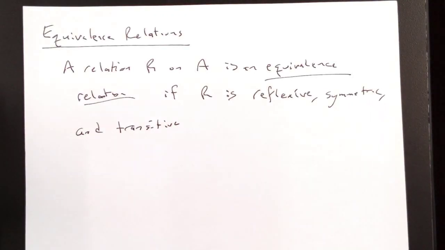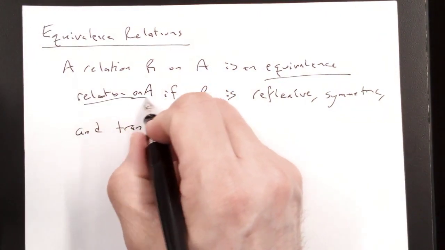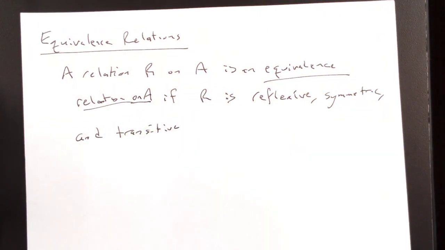Those are the three properties I'm after. A relation that is reflexive, symmetric, and transitive on a set, so from A to itself, is an equivalence relation on A. Put that word in here, on A. In a real sense, this is a foundational piece of most higher mathematics ideas.